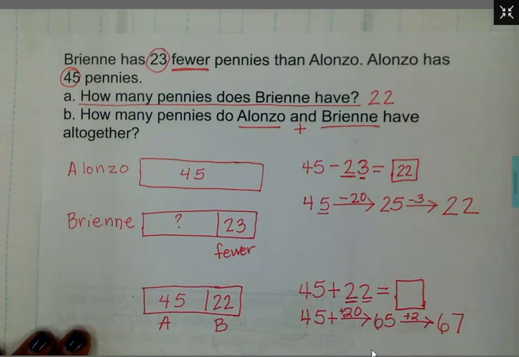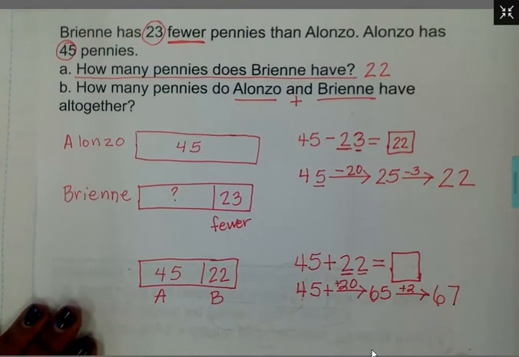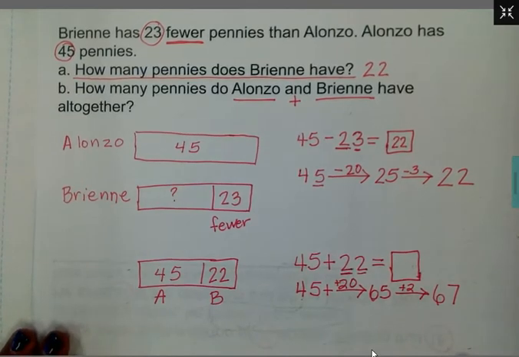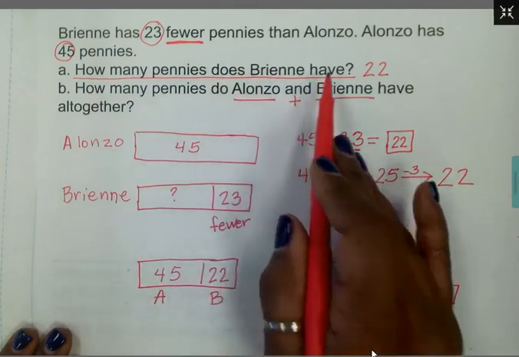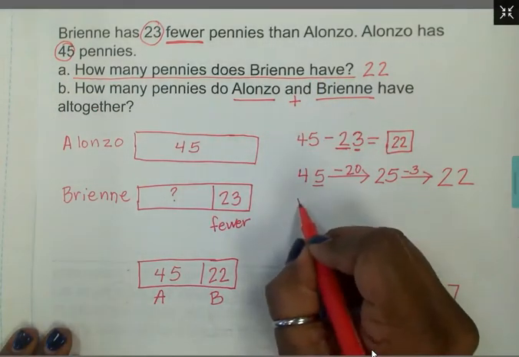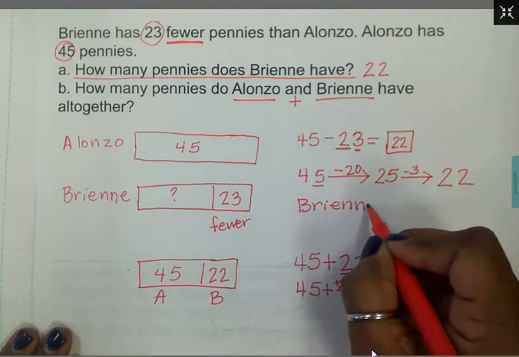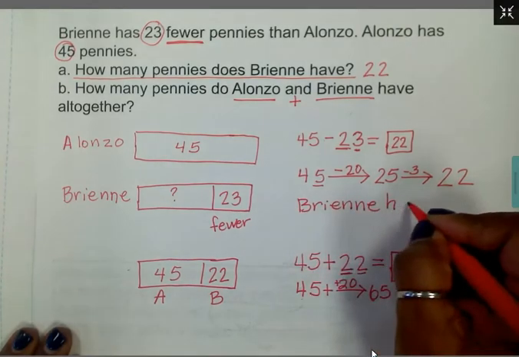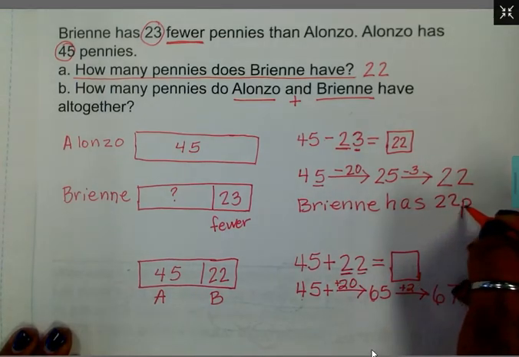All right. So as we look at each one of these word problems, we can go back and answer the question. How many pennies does Brienne have? Brienne has 22 pennies.